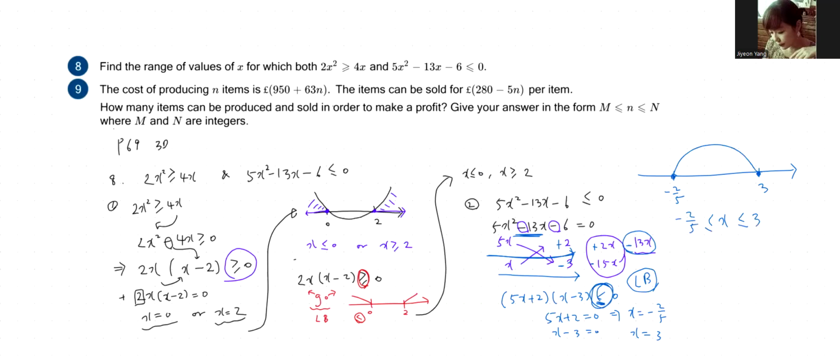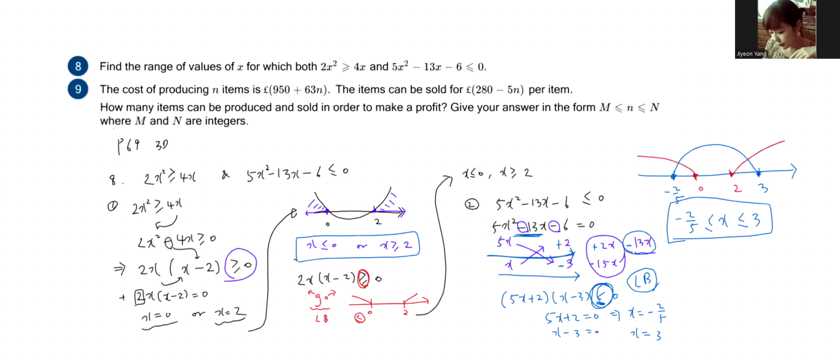And then with the first solution and the second solution, we need to combine them. Let's draw here the same number line. So 0 should be located here, 2 should be located here. Then the first one is less than or equal to 0, greater than or equal to 2.